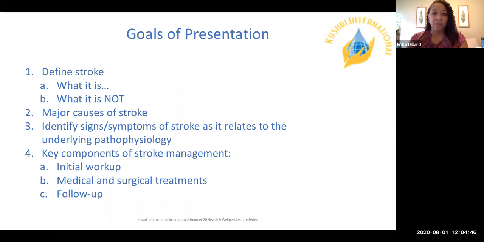That just means what the abnormal manifestations of a particular disease are, being able to recognize those. And lastly, we want to understand what the key components are in stroke management, not coming from a physician perspective, but as a patient even, we want everyone to have a little bit more knowledge in what their care is in whatever disease that they're encountering.